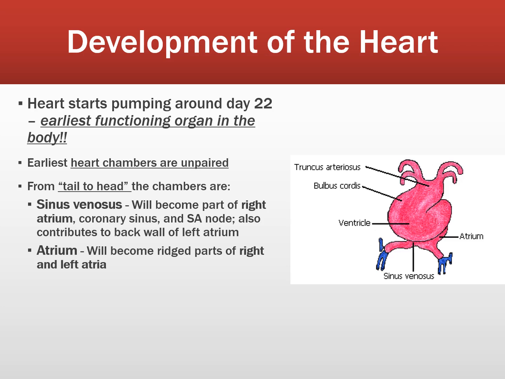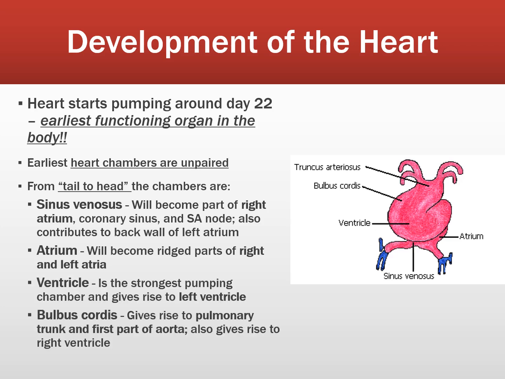And then you have the fetal atrium itself, and this part actually becomes the majority of the atrium, both the right and left atrium, okay? Whereas the sinus venosus is mostly just the right atrial structures, the whole atrium becomes mostly left atria, but then finishes off that right atria as well.